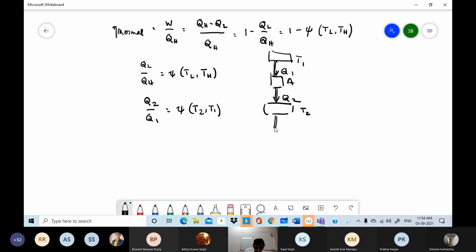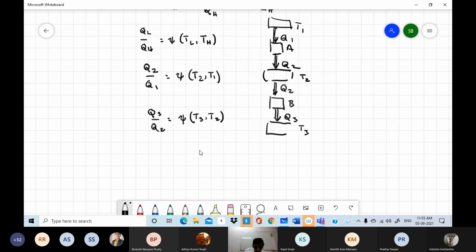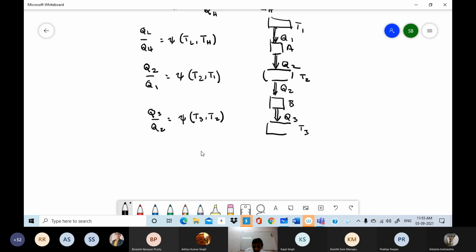Similarly, if I consider engine B, so then I have, again, if I consider engine C operating between T1 and T3, then I have Q3 by Q1.